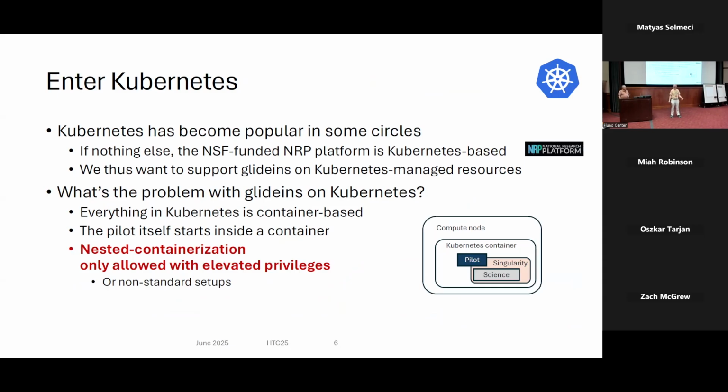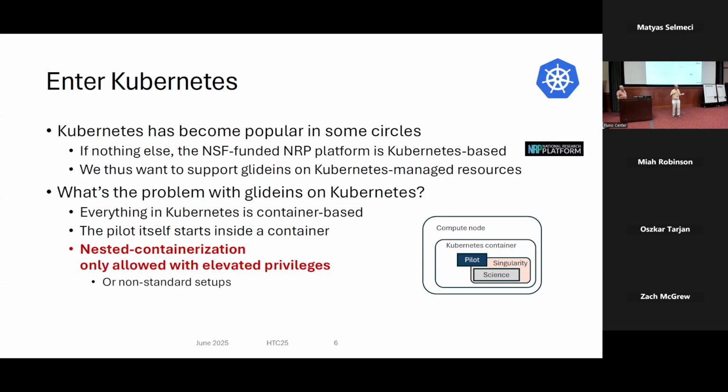Well, there's a little detail about Kubernetes, which is that it's not bare metal. Everything in Kubernetes must be inside a container, no exceptions, which means the pilot itself starts inside a container. So if a pilot wants to launch a container inside a container, we get to the whole idea of nested containerization, and that's typically not allowed.